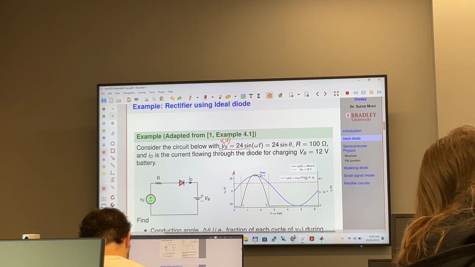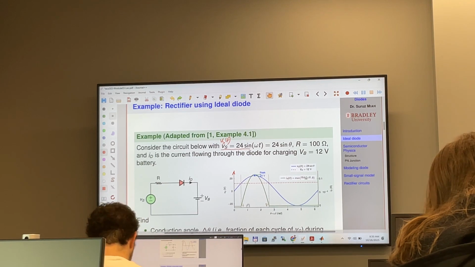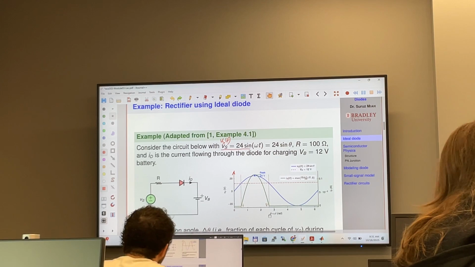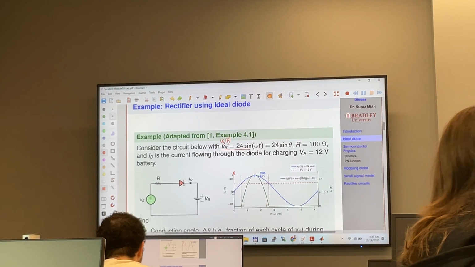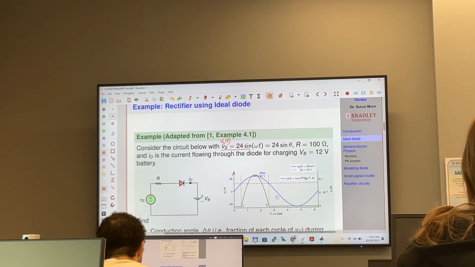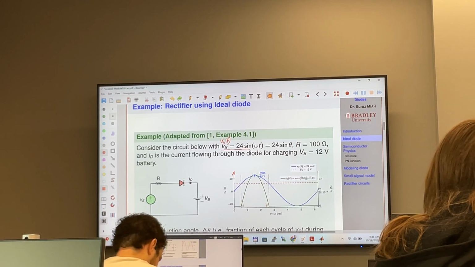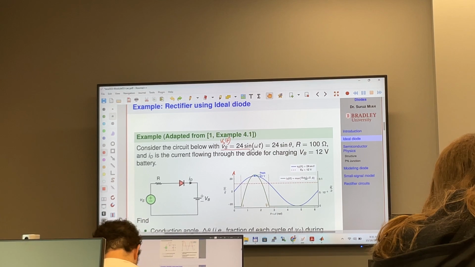Here, V sub S of t is 24 sine omega t, and we have this signal where the x-axis is theta. I put radians here, so in terms of radians it is 0, this is pi over 2, this is pi, this is 3 pi over 2, and this is simply 2 pi, which is 24 sine theta.